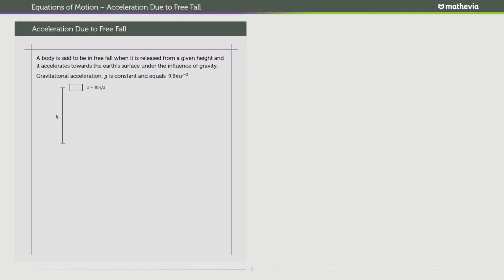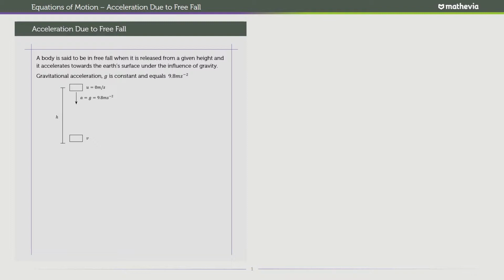So it starts from rest and starts accelerating towards the Earth's surface, okay. The acceleration is gravitational acceleration, that's 9.8 meters per second squared, and it will accelerate until the point of impact when it gets to the surface of the Earth, and just before impact it would have attained a final velocity v.